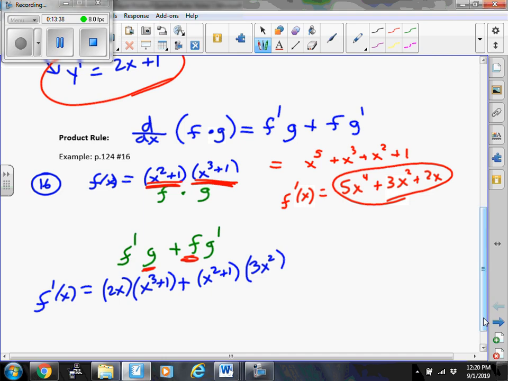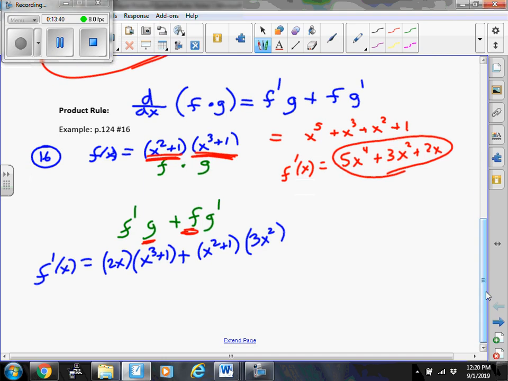All right, except for now, I did the derivative first. Now I actually have to do some algebra, where before I did the algebra first, then I did the calculus. So here we go. Distribute: 2x to the fourth plus 2x plus distribute the 3x squared gives me 3x to the fourth plus 3x squared. Combine like terms.